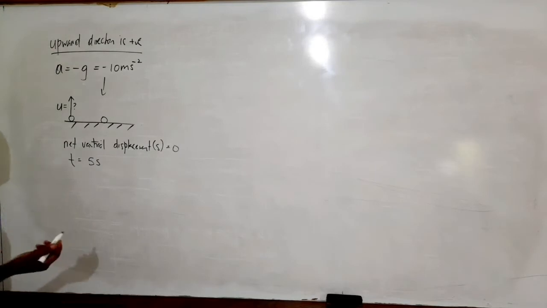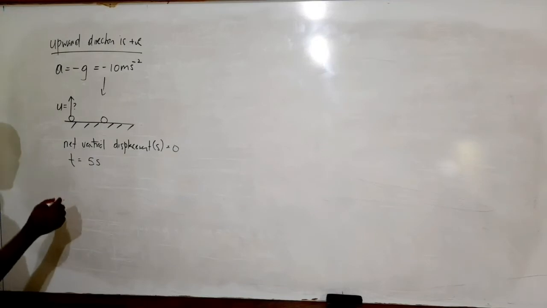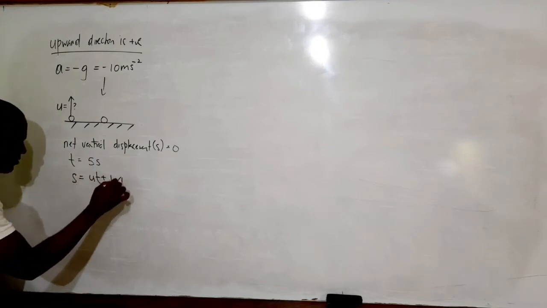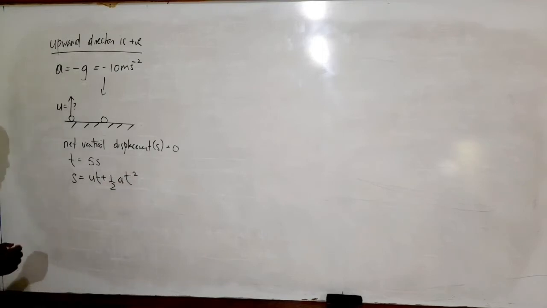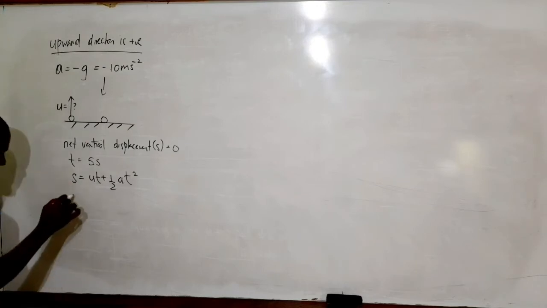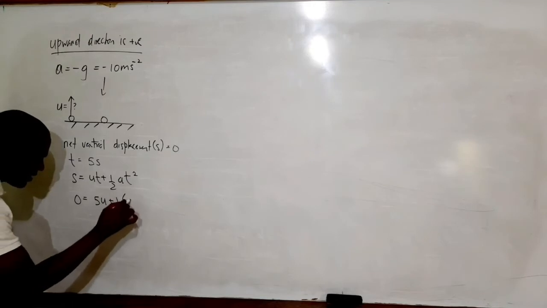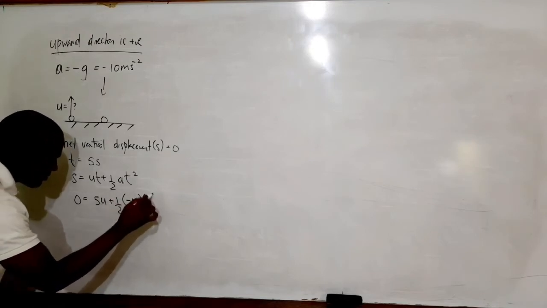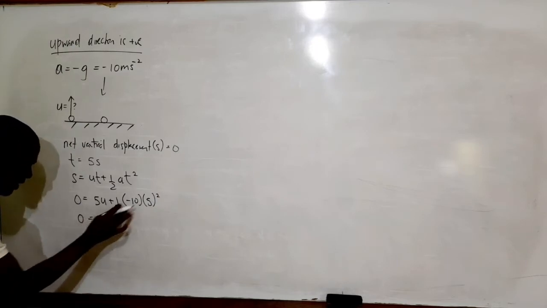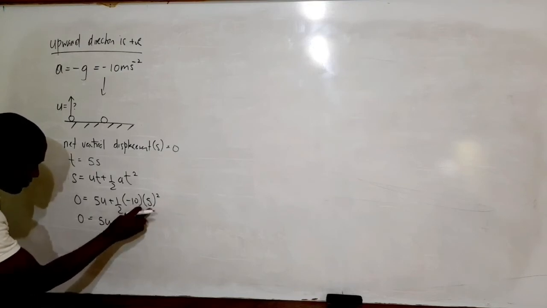So therefore we must use an equation involving t, s, a and u, and that equation is s is equal to ut plus a half at squared. So we go ahead and substitute and then solve for u. So we have 0 is equal to 5u plus a half times minus 10 times 5 squared, and so we have 0 is equal to 5u; half of minus 10 is minus 5, times 5 squared, which is 25.